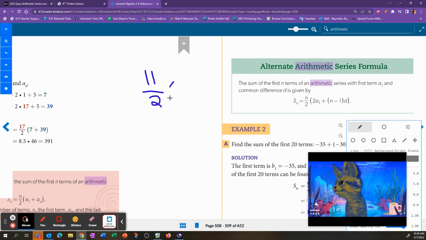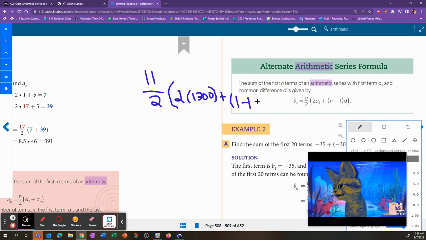Then we have 2 times the profit, which was 1,300, plus 11 minus 1 times 150. Okay, so they got a different number.